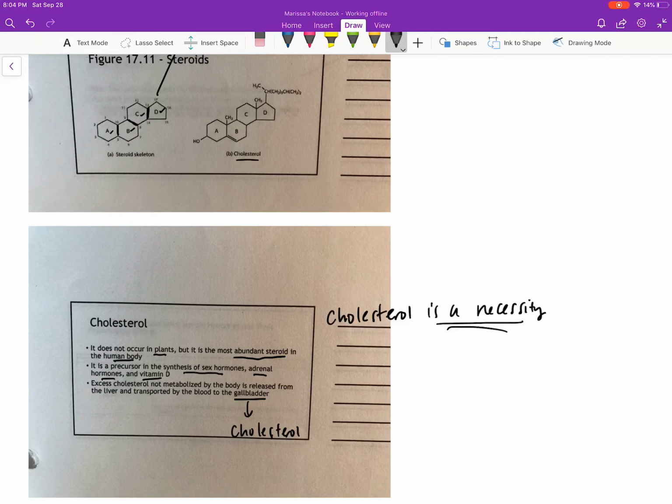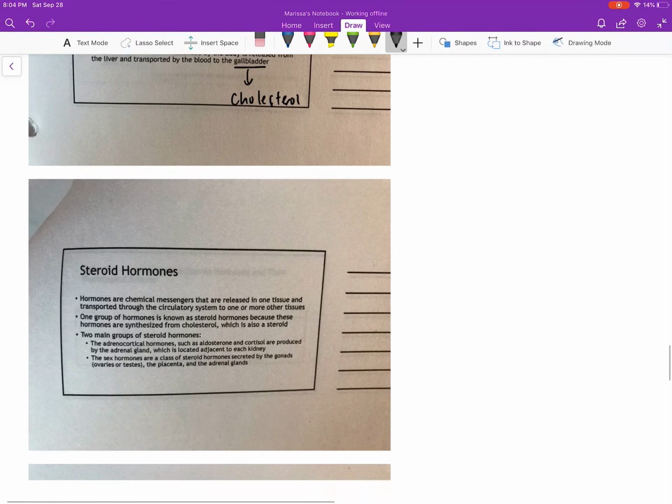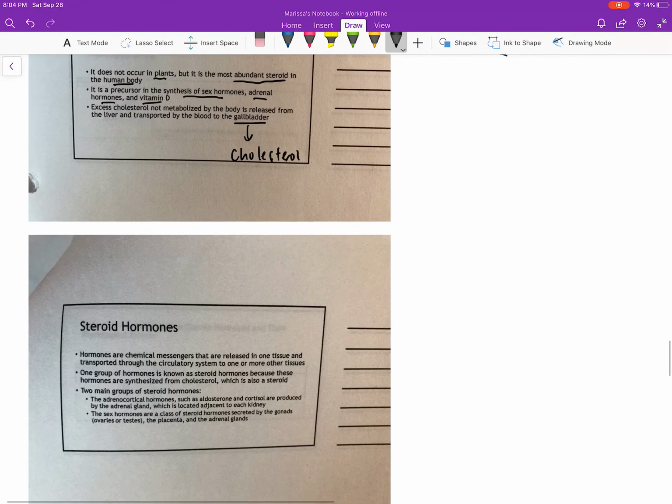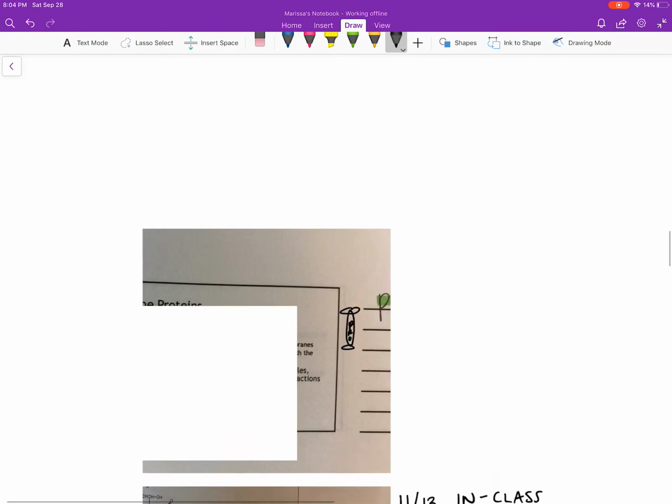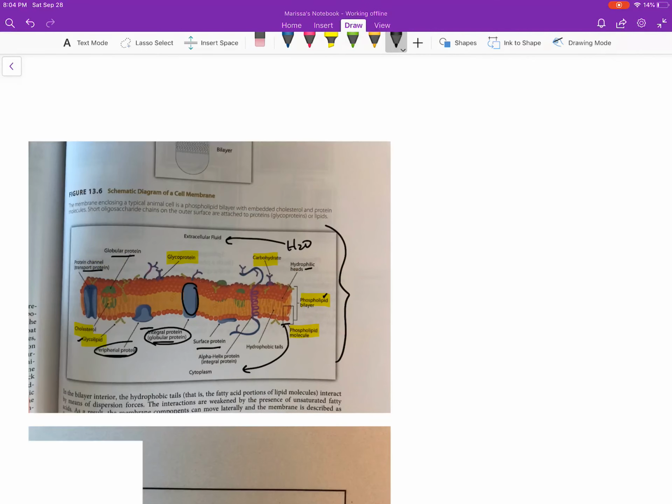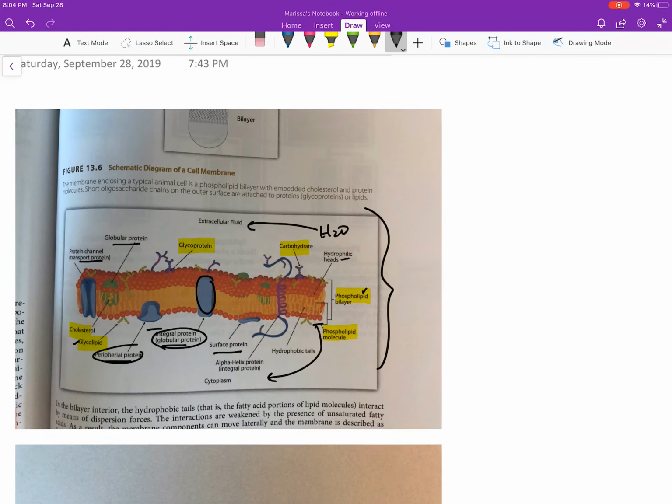Okay. So there are a couple of things we're going to talk about. One is the steroid hormones. But before we do that, I want to talk about cholesterol and its purpose in the membrane. So let's go back up here. You might have seen that there was cholesterol in the membrane when we saw this example. There's actually quite a few little cholesterols in here. So cholesterol is essential because the membrane needs it in order to stay fluid, but too much cholesterol in the membrane makes it too fluid, and it ruins the integrity of the bilipid layer.